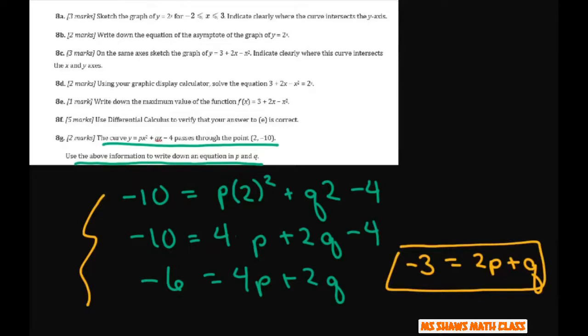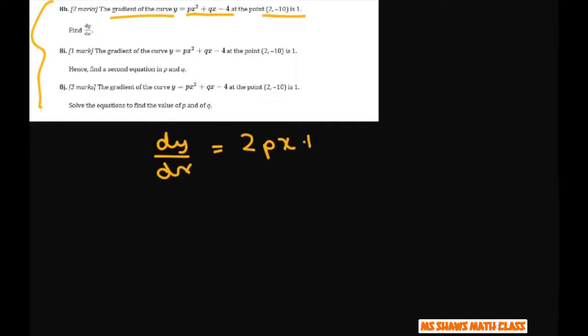And then the next thing we have to do is do these last 3 problems. So the gradient of the curve here at this point, 2 comma negative 10, is 1. Find the derivative of y with respect to x. So if you find that derivative, that's just going to be dy/dx equals 2px plus q.